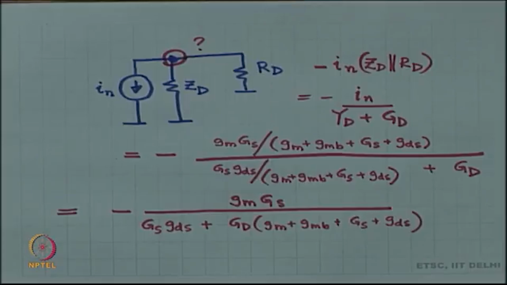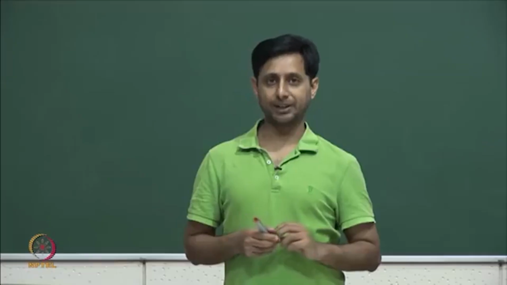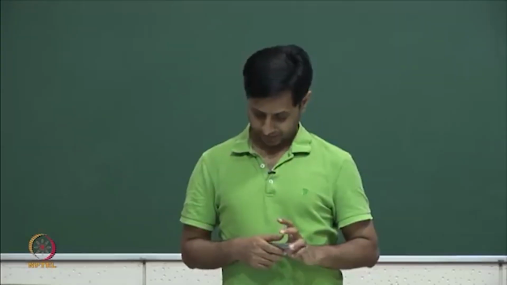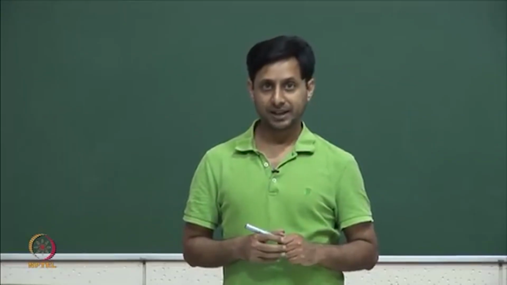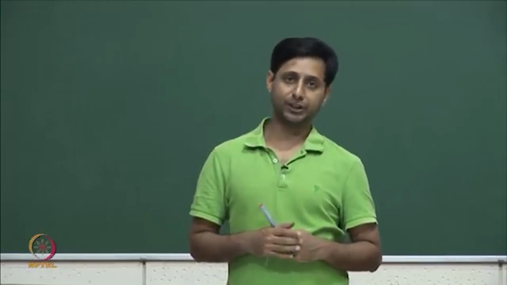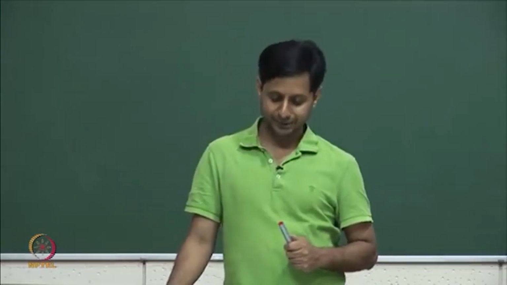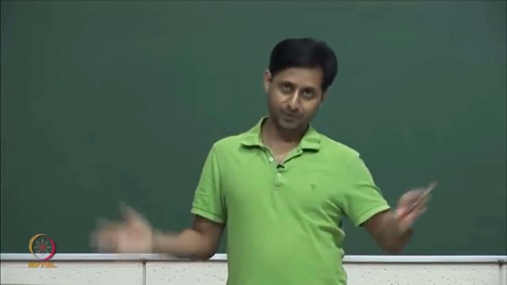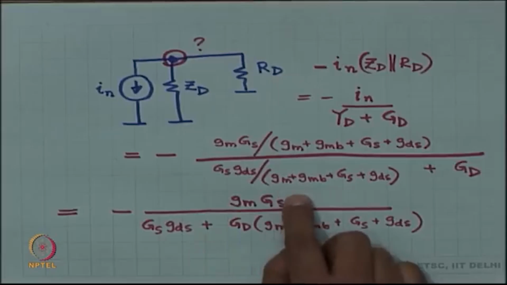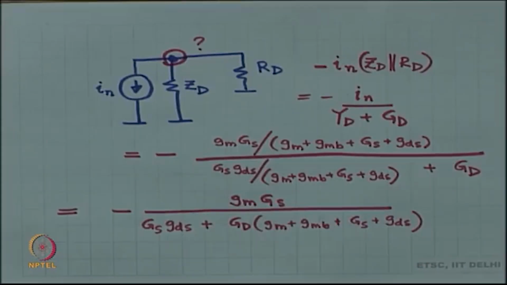All right. Now, what we are going to do now is we are going to first multiply numerator and denominator by R s, and then we are going to multiply numerator and denominator by R d, okay, just because I want to. So, numerator and denominator, let us multiply both by R s times R d.